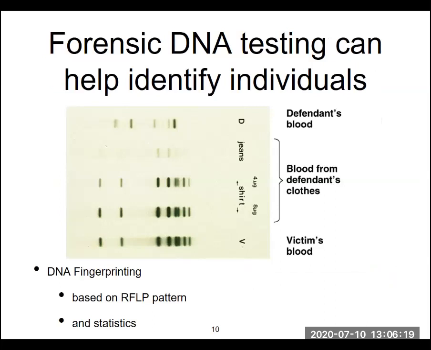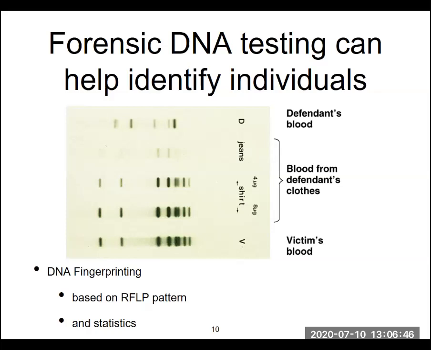I can't find my pointer. And then we've got the victim's blood. So we did the same thing. We took the victim's DNA and the defendant's DNA. We chopped up the molecules, ran some electricity through it, and separated the bands based on size. This is the pattern of the defendant, and this is the pattern of the victim.